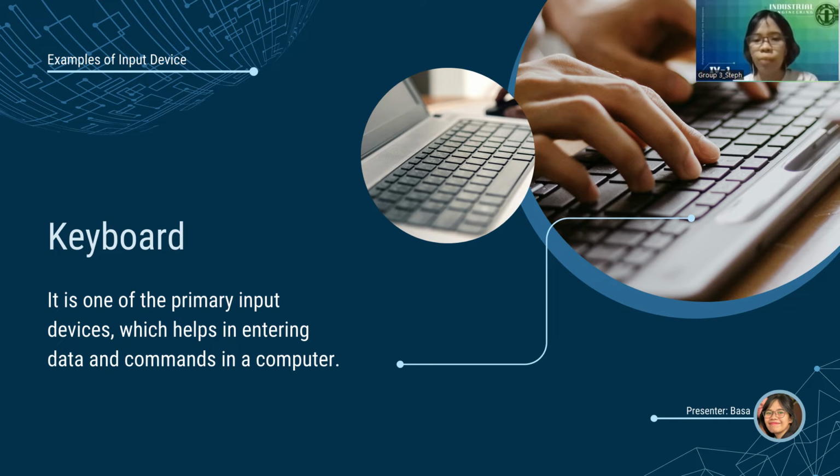First, we have the keyboard. It is one of the primary input devices which helps in entering data and commands in a computer. The layout of the keyboard is identical to a typewriter, with additional keys for specific tasks. A normal keyboard usually has a variety of keys such as alphabetic character keys, number keys, arrow keys, and control keys.